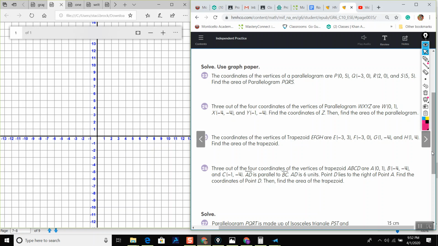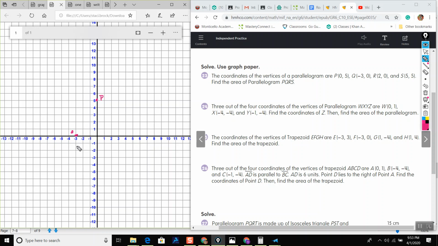So let's just go ahead and plot these points. We've got P at 0 and 5, so that's going to be right on the y-axis right here. Q is -3 and 0, so that's going to be right on the x-axis.